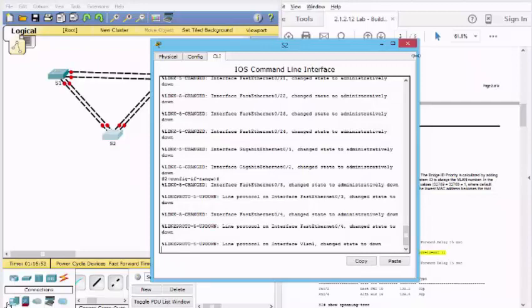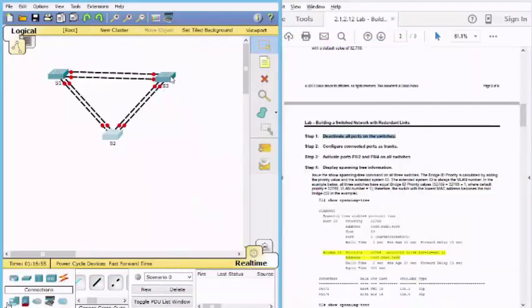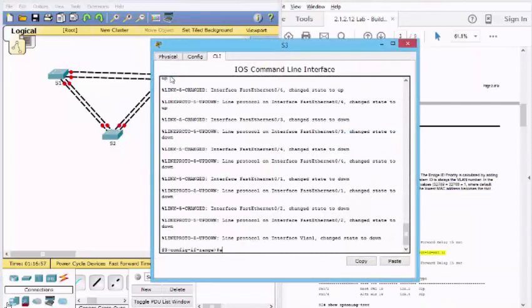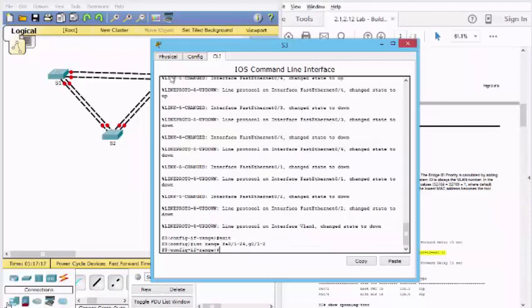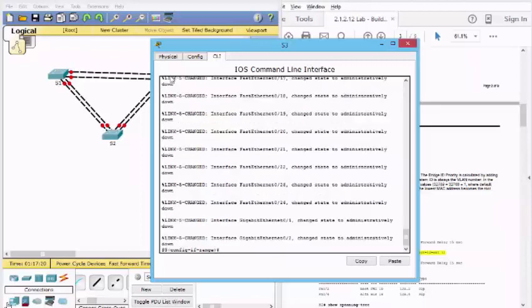And now we go to switch 3 and we do the same thing. We're in the global configuration mode. Type interface range FastEthernet 0/1 to 24, and then gigabit 0/1 to 2, and we put shutdown. Now all the ports have been shut down in this switched network.